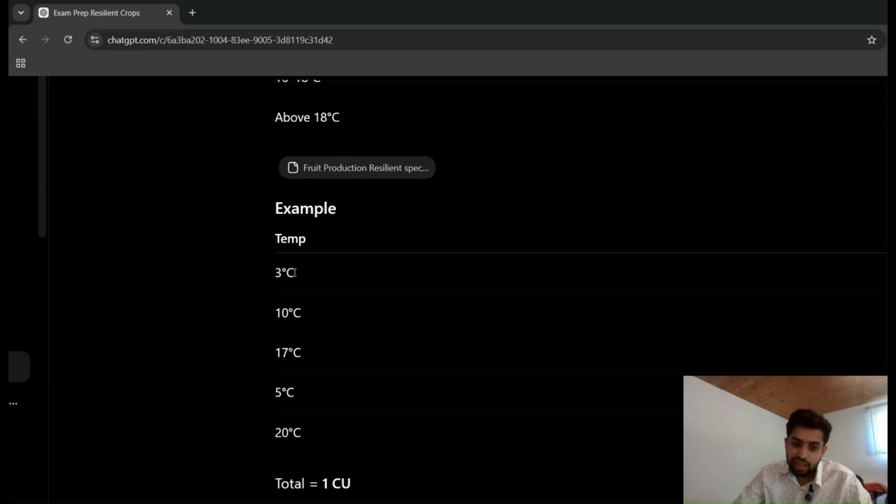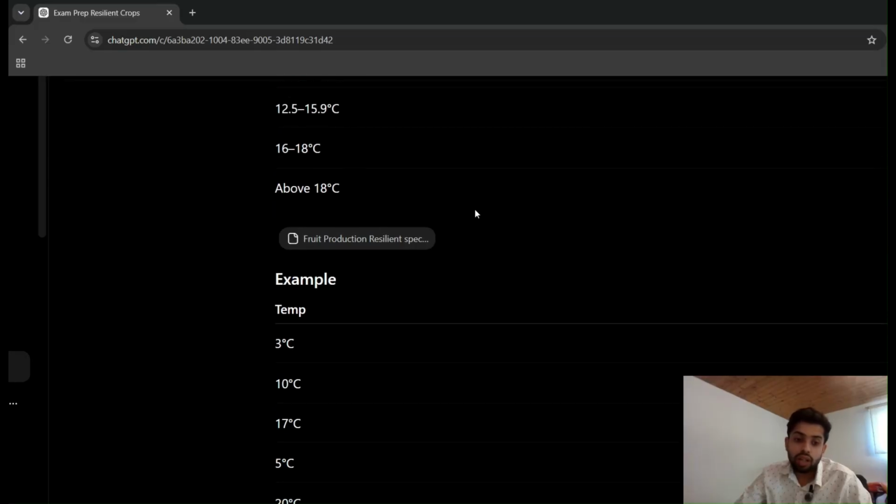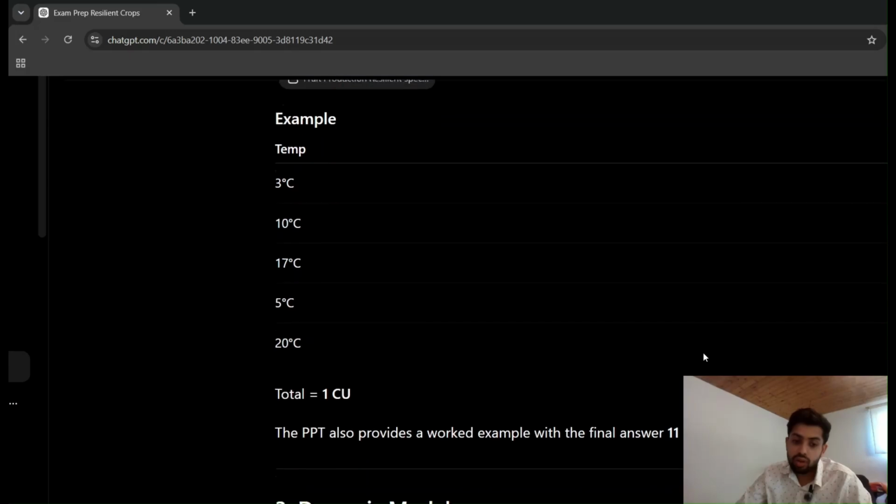For example, take a temperature of 3 degrees Celsius. It is more than 2.5, so it gives plus 1 chilling unit. At 10 degrees Celsius, it is only plus 0.5. For 17 degrees, it reduces by 0.5, because 16 to 18 degrees is minus 0.5.